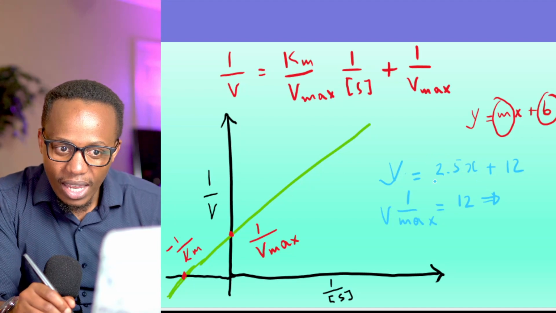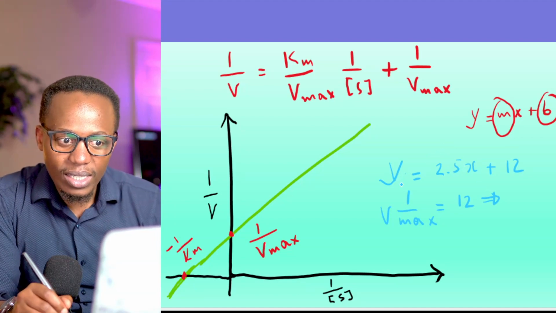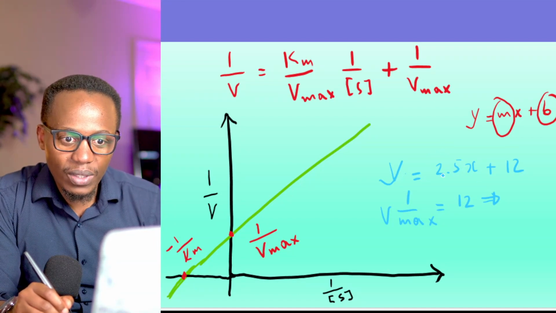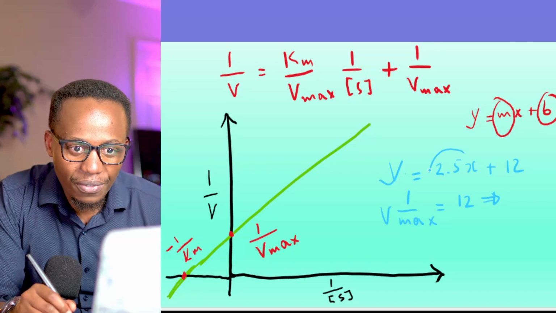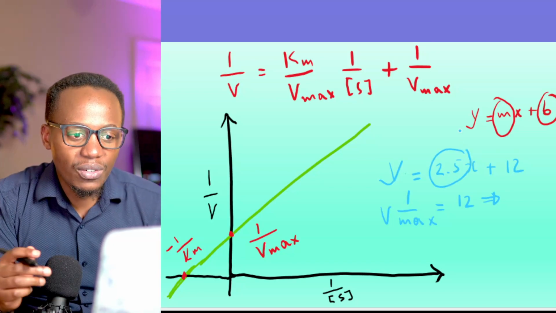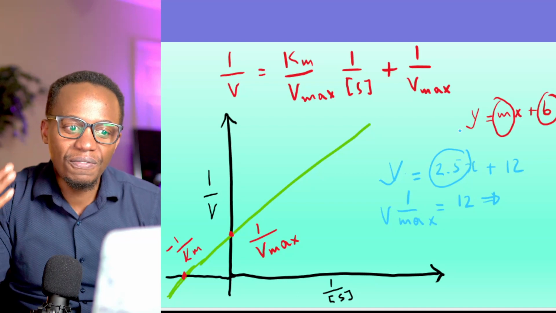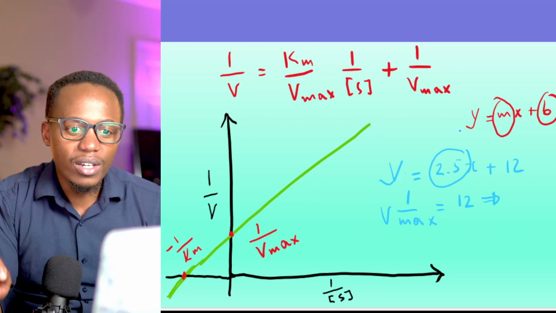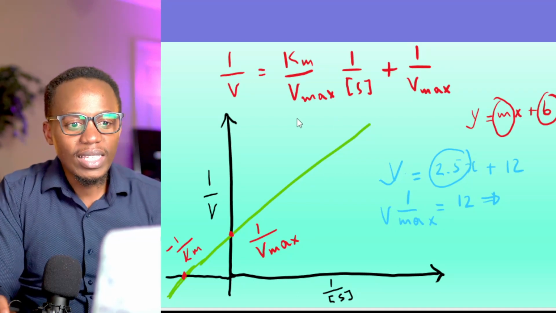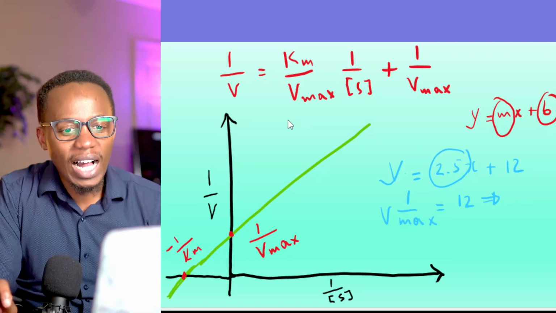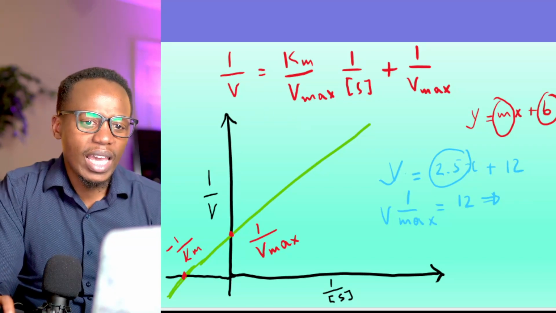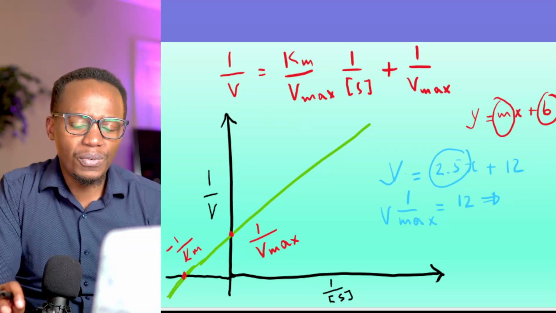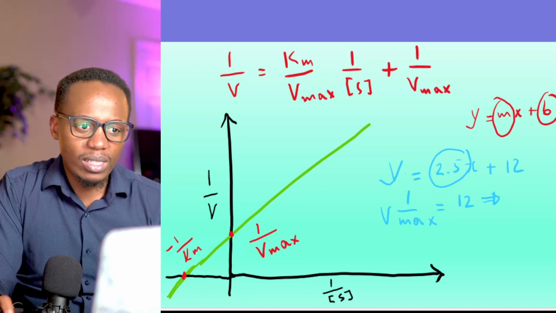And then here, same thing, if this is 2.5, here will be negative 1 over Km, and then you can find Km from there. So this is an important tool to calculate both the Km and the Vmax from experiments, right?